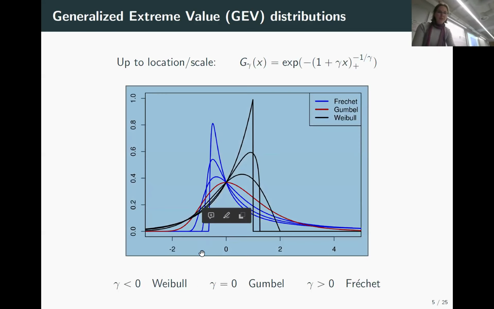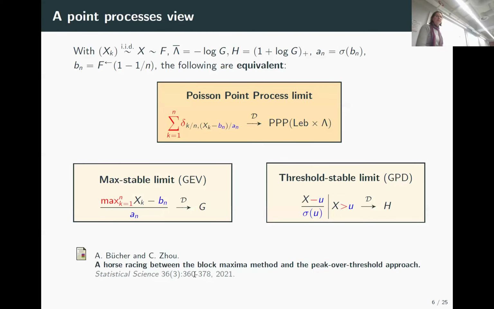But you could also come from different directions. It doesn't have to be a limit theorem for maxima. This is just a start historically, probably for the journey. The vanilla methods in extremes are looking at either threshold exceedances or at block maxima. They just inspire different kinds of methodology, but which are theoretically, at least in the IID setting, equivalent.